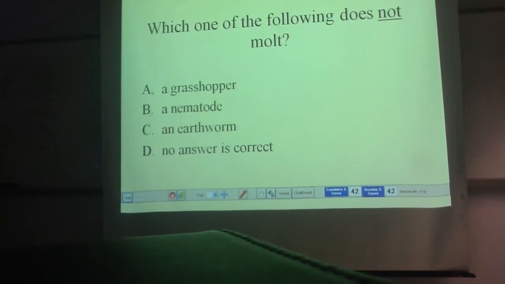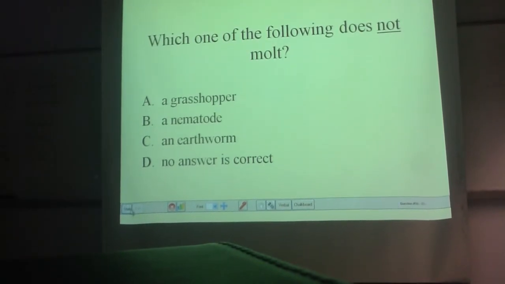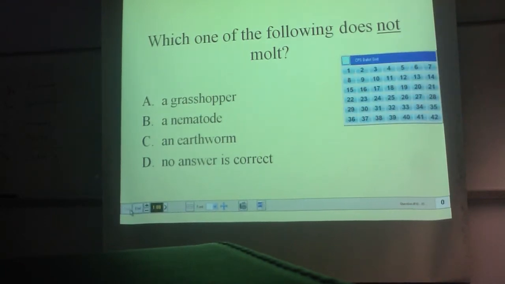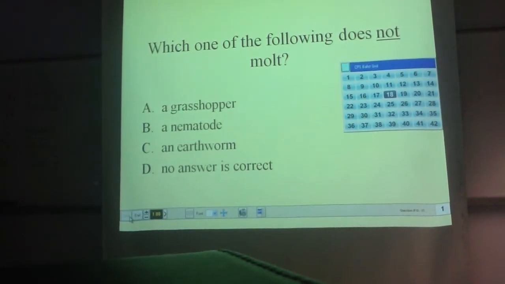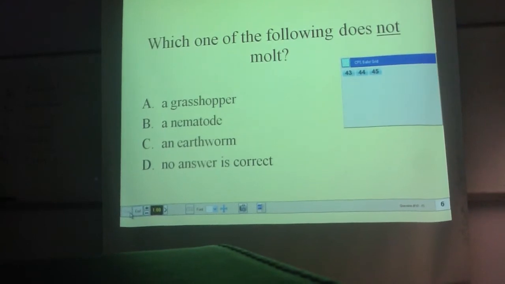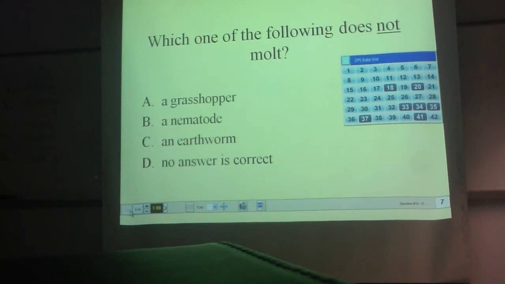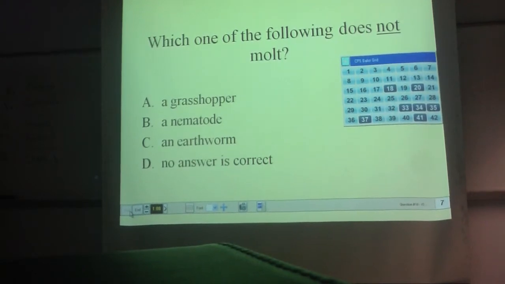Okay, so which one of these doesn't molt? A grasshopper, a nematode, an earthworm? Or if you think all three of them molt, then you'd pick D. Two of them do molt.